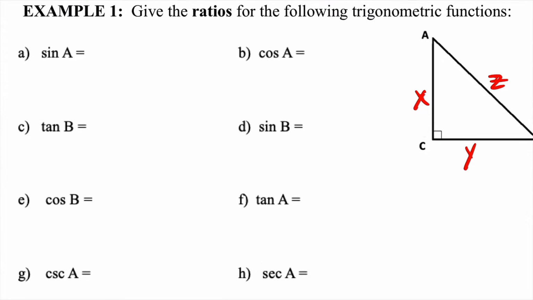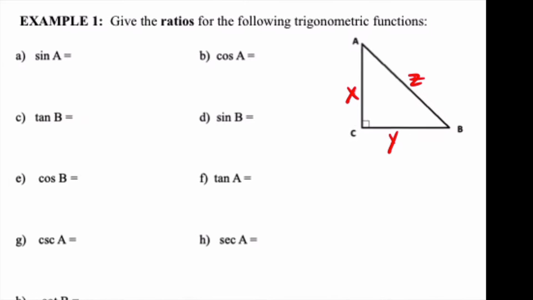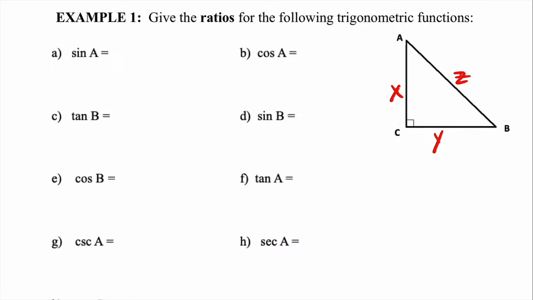All right, so let's go down to example number 1. Example number 1 is a right triangle. It's got 3 angles, A, B, and C. C is the 90 degrees. And it also has sides: side X, side Y, side Z. Anytime you do any of these, sine, cosine, tangent, cosecant, secant, cotangent, the first thing you need to do is look for the angle.